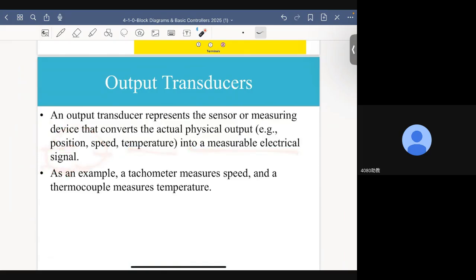So it is hardware, designed to measure the physical variable under consideration. For example, a tachometer is designed to measure speed, typically angular speed, and a thermocouple measures temperature. Those devices typically present their results in voltage more often than not. Not always, but usually, all right?